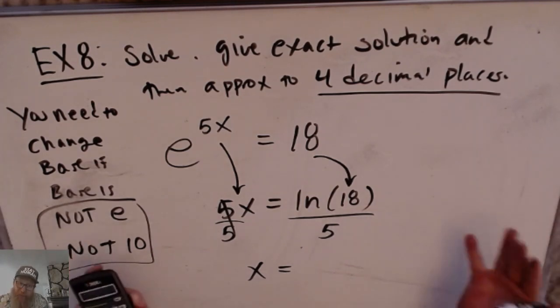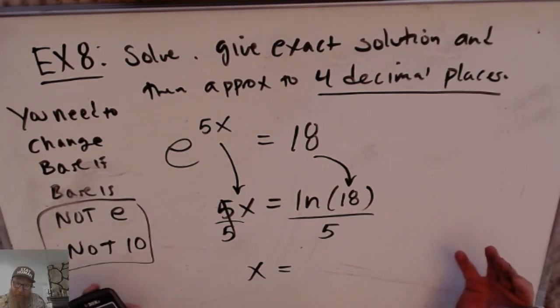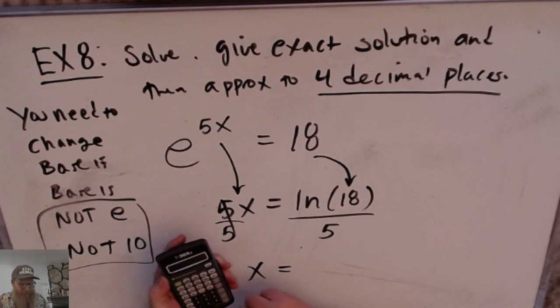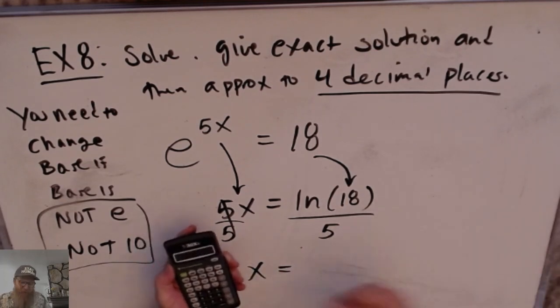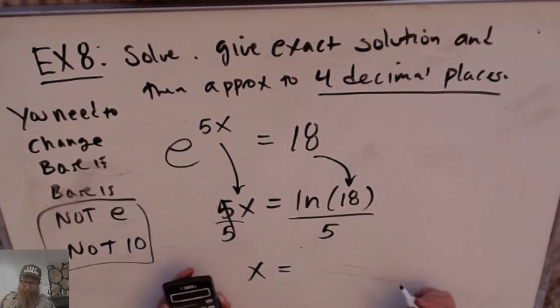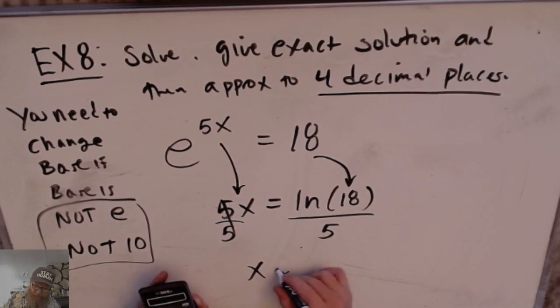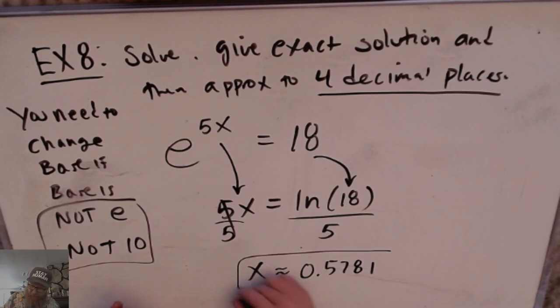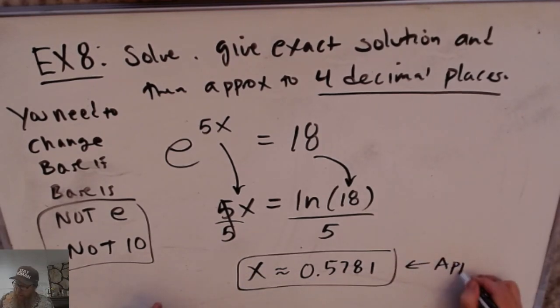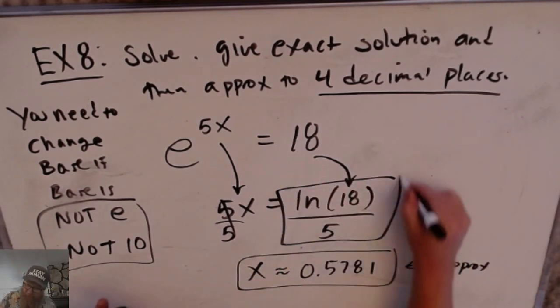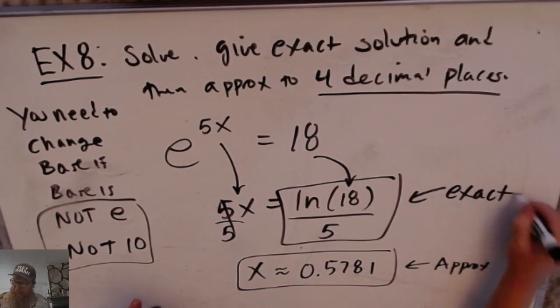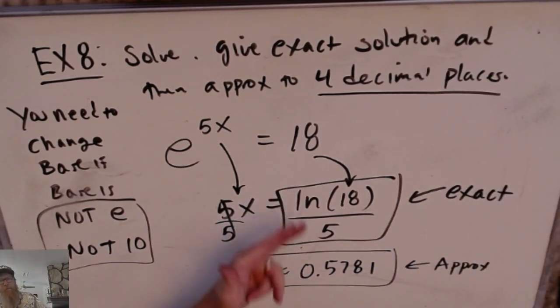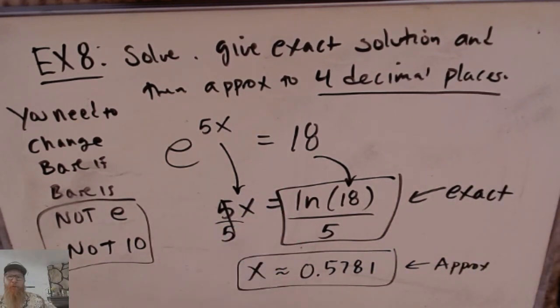That would be the change of base formula. Right? This is just ln of 18 divided by 5. So you get 0.5781. So that's your approximate answer, and this is your exact answer. So I sometimes will ask for both.